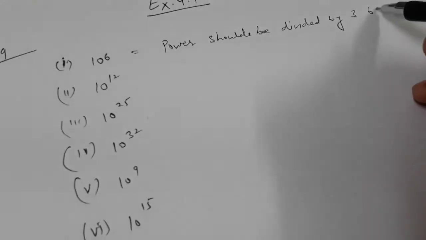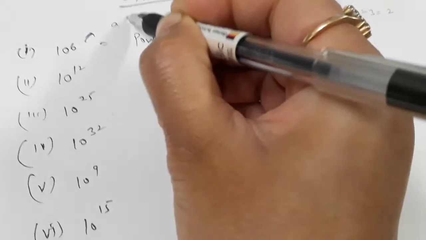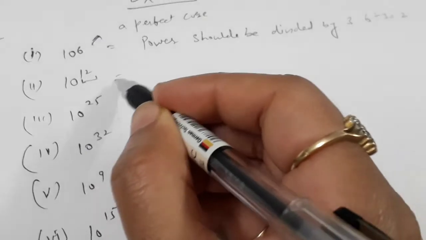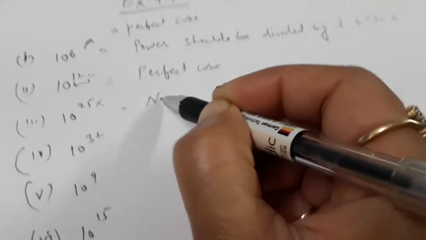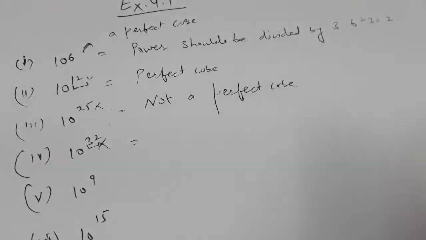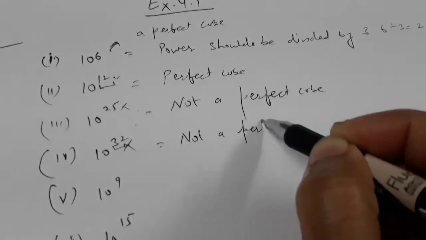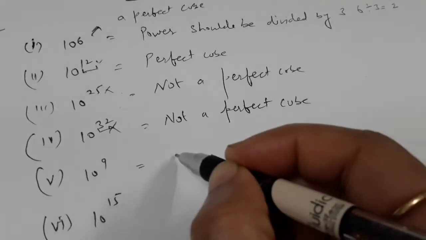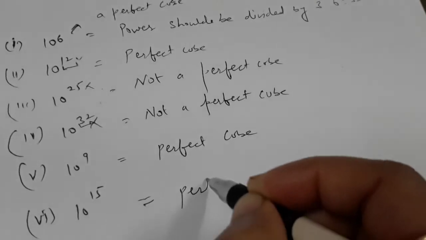So 6 is divided by 3, so 10 raised to the power 6 is a perfect cube. 12 is also divided by 3, it is a perfect cube. 25 is not divided by 3, not a perfect cube. 32 is not divided by 3, not a perfect cube. 9 is divided by 3, it is a perfect cube. 15 is divided by 3, it is a perfect cube.